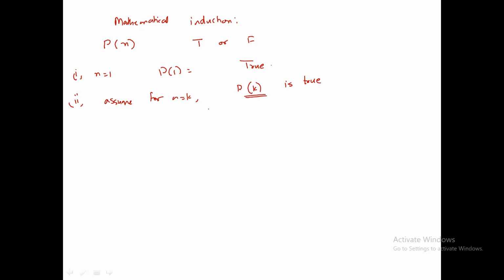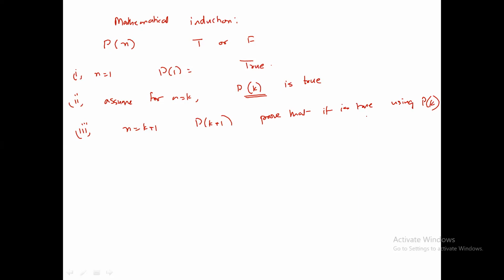Don't prove anything, don't show it. The third work you have to do is put n equal to k plus 1 in the polynomial and prove that it is true using the previous P of k.